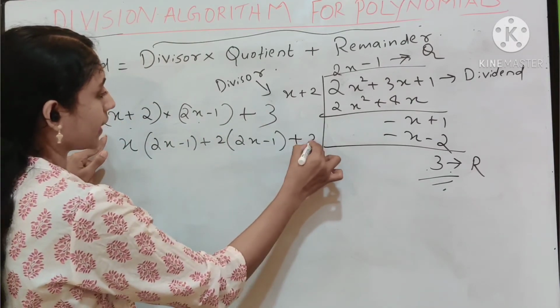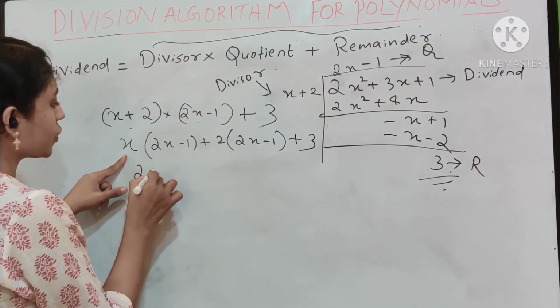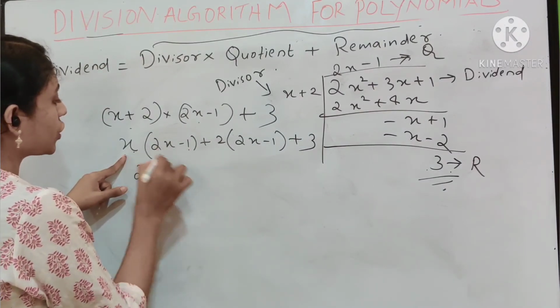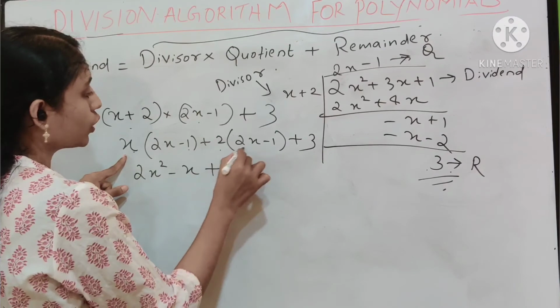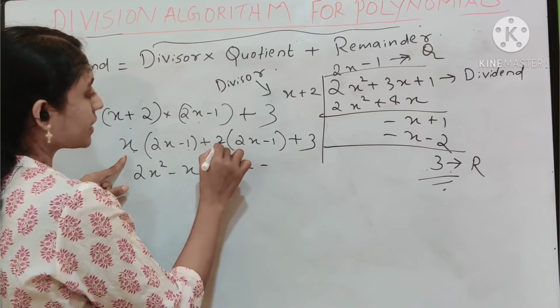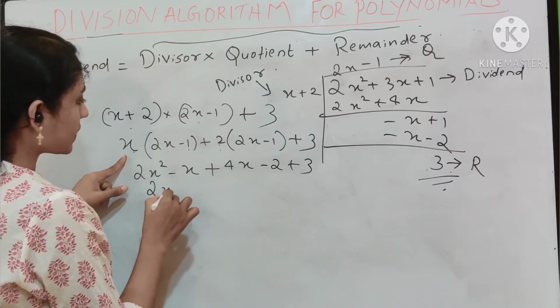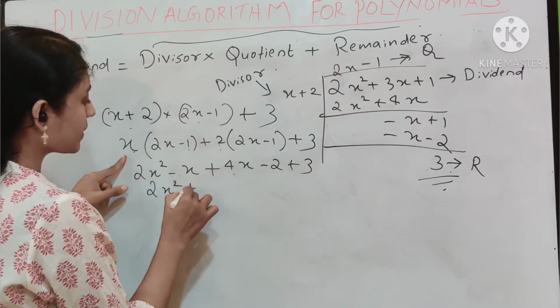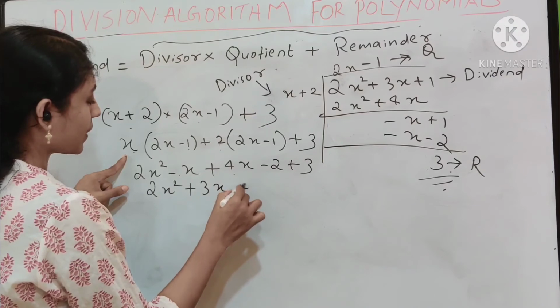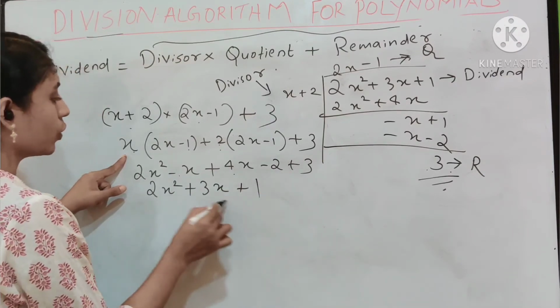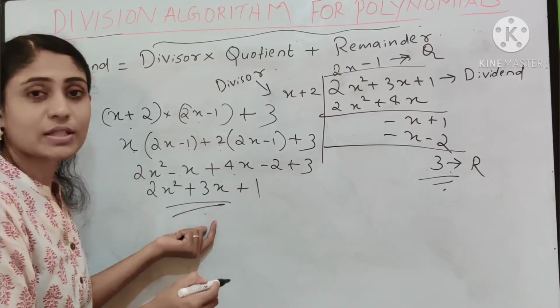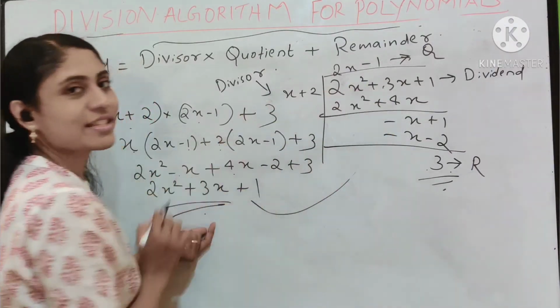Then plus 3. So what about x into 2x? It is 2x square. Minus 1 into x, it is minus x. Plus 2 into 2x, it is 4x. Minus 1 into 2, it is minus 2, plus 3. So again 2x square, minus x plus 4x, it is plus 3x, and minus 2 plus 3, it is 1. So 2x square plus 3x plus 1, which is nothing but our dividend.